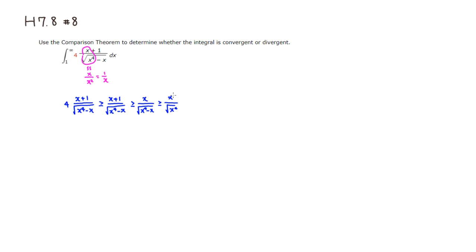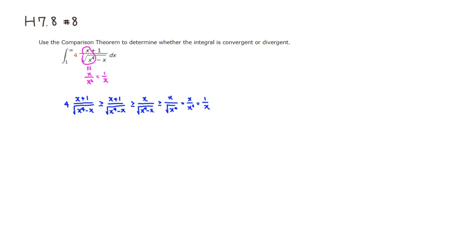Then you can see that this is just x over x squared, which is equivalent to 1 over x. So we could establish that 1 over x is smaller than or equal to 4 times (x plus 1) over the square root of x to the fourth minus x.